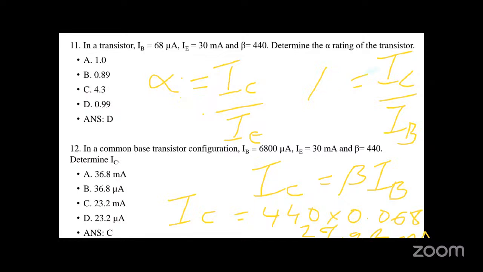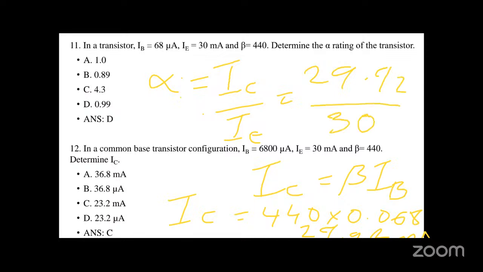If we come back to IC over IE and substitute 29.92, which is approximately 30, over 30, that will give us alpha as 0.99.